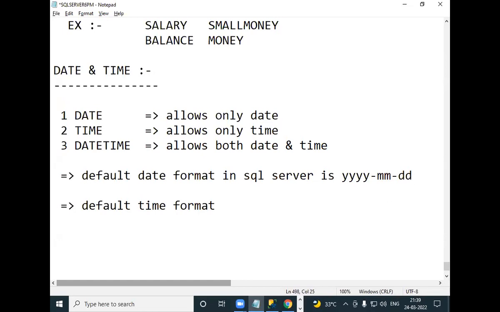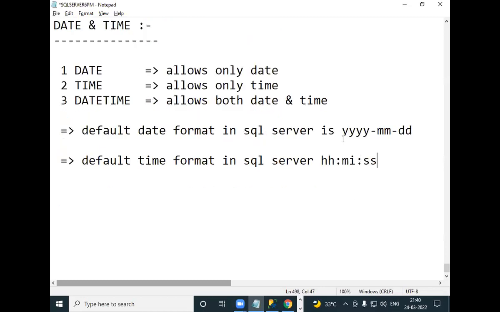The time format is HH:MI:SS, where HH means hours, MI means minutes, SS means seconds. So time format is the same, but date format differs from one software to another. In SQL Server, the default date format is year month day.